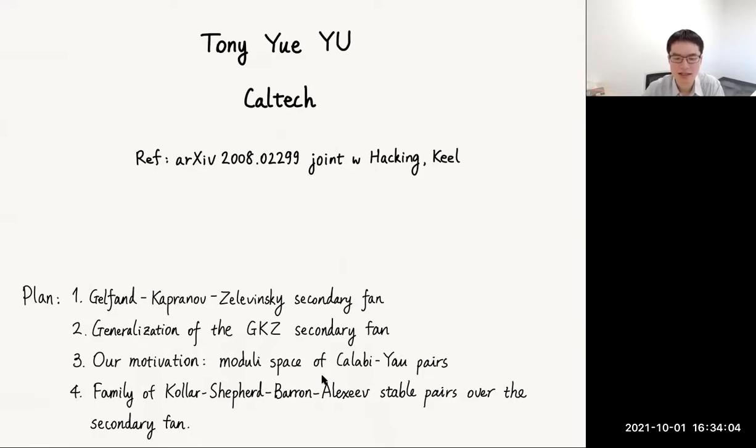And finally, I will explain why we really study this secondary fan: because we will get a very nice family of so-called KSBA stable pairs over this secondary fan. And this notion of stable pairs is the correct generalization of nodal curves into higher dimensions. So it's really for compactification of moduli spaces of varieties.